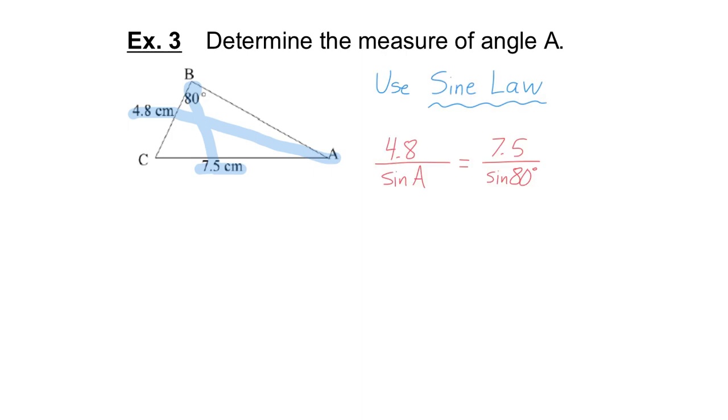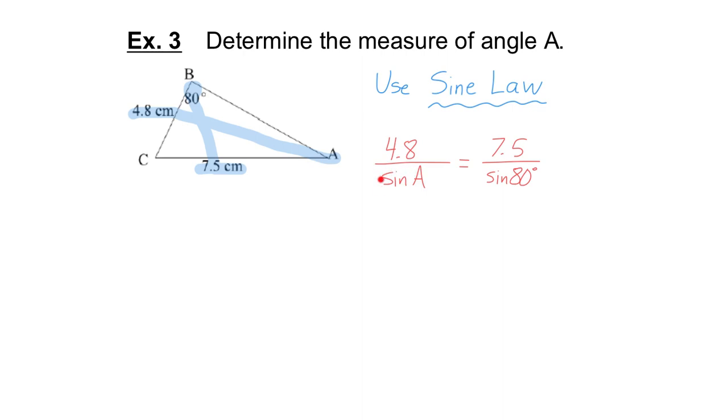So when I do that, I'm doing what I did before when I used the sine law. I turn my matching pairs into an equation. Angle A matches with the 4.8 centimeters, so 4.8 over sine A is my ratio. The 7.5 centimeters match with the 80 degree angle, so 7.5 over sine 80 is my other ratio, and they're equal.